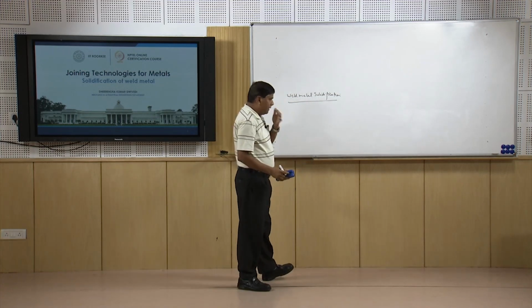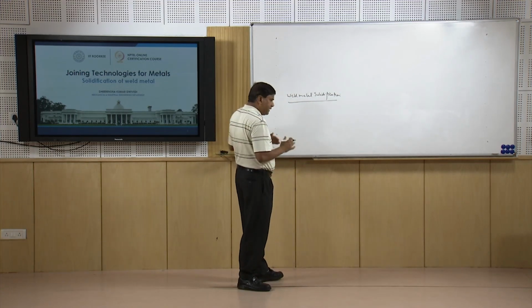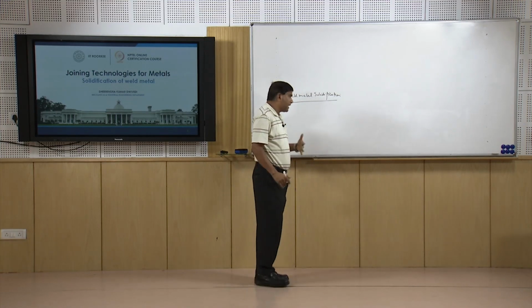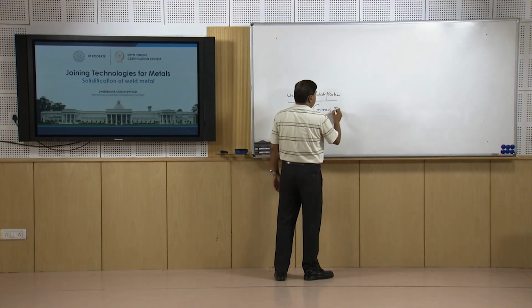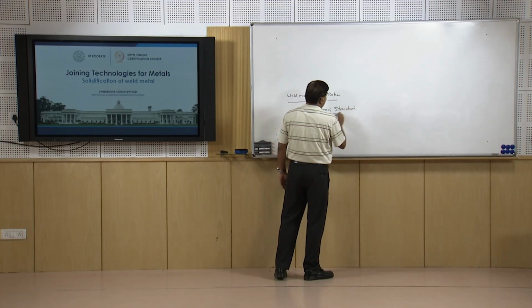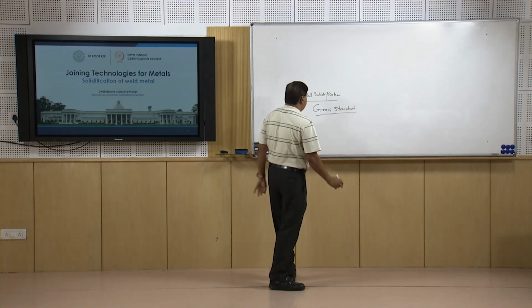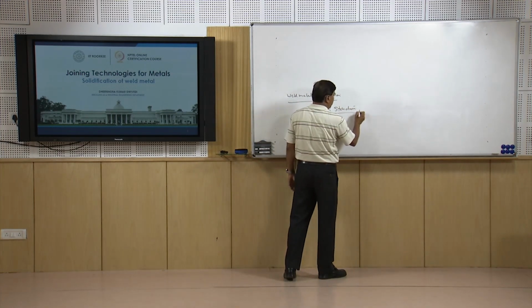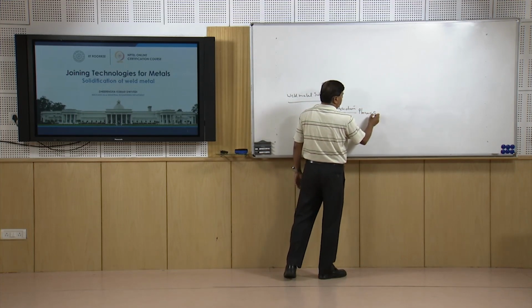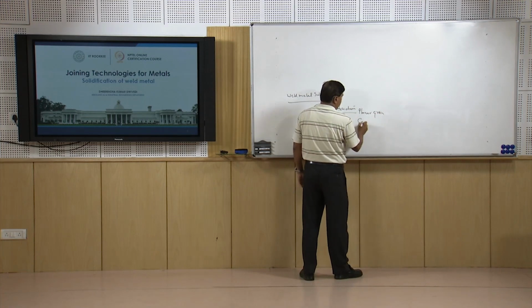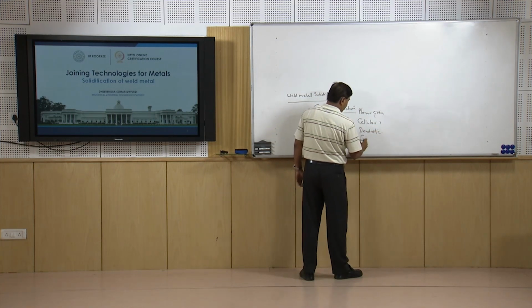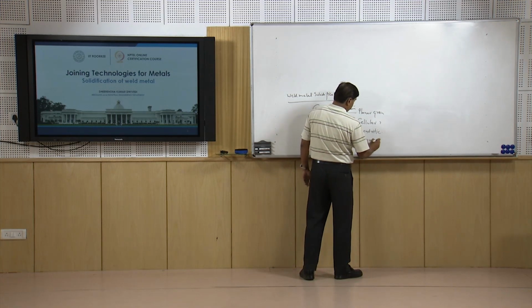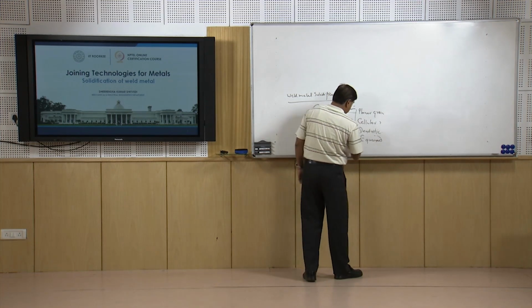Now, we will see what are the different types of grain structures which are developed in welding. So, the grain structures which are observed in any typical weld metal consist of the planar grains, cellular grains, dendritic grains and equiaxed grains.